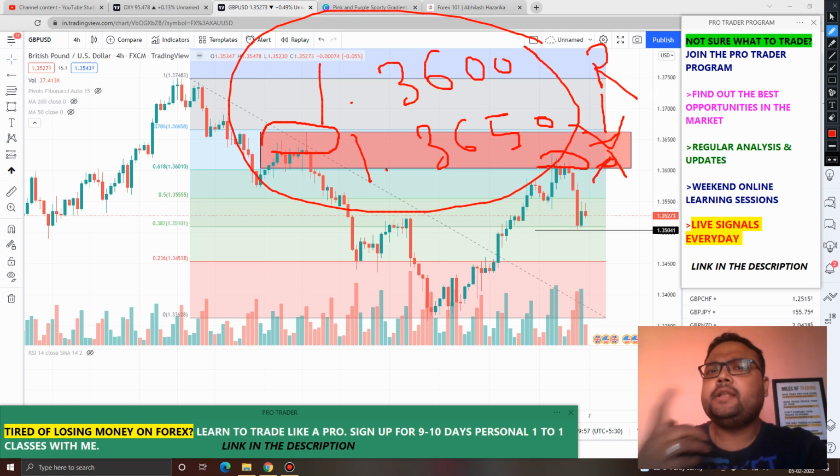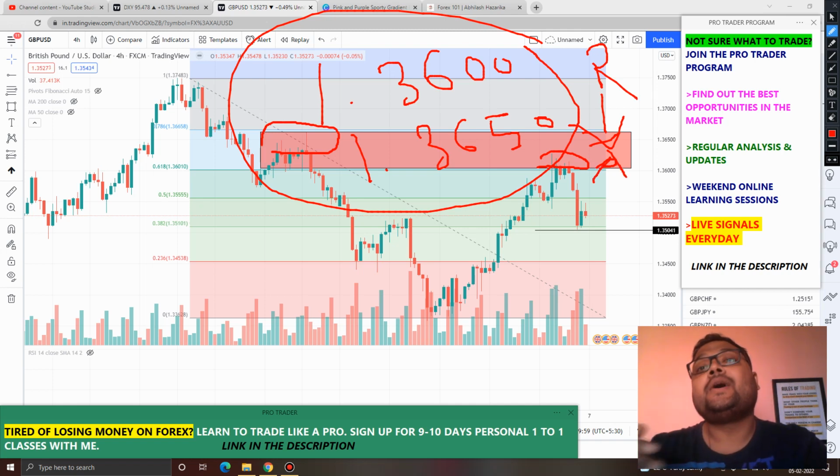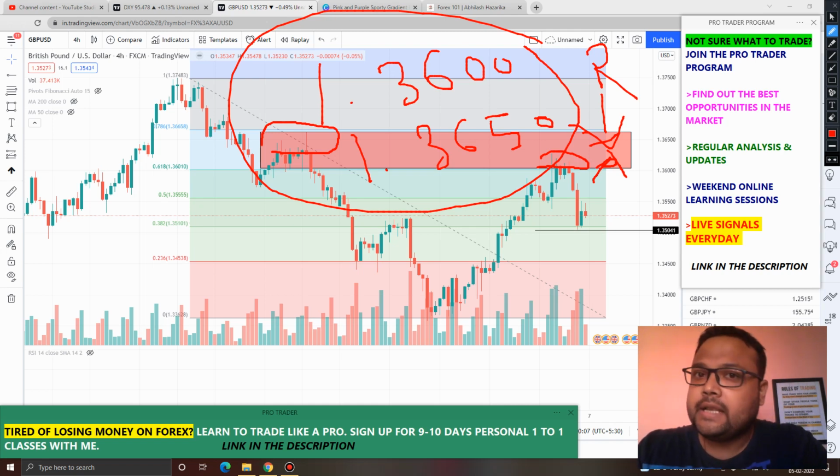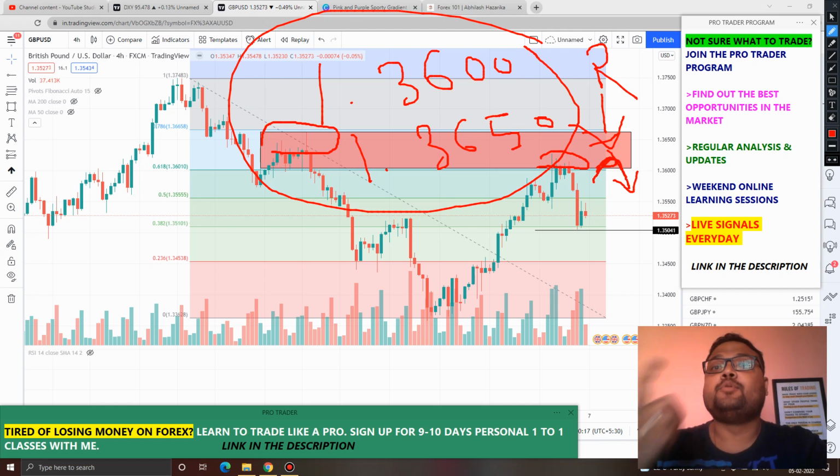So on Monday or Tuesday, if GBP USD tries to recover and reaches the level of 1.3600 to 1.3650, there is a possibility of the market facing selling pressure and reversing. If the market reverses from this level, we can take a sell position.